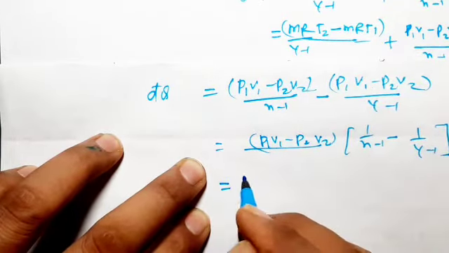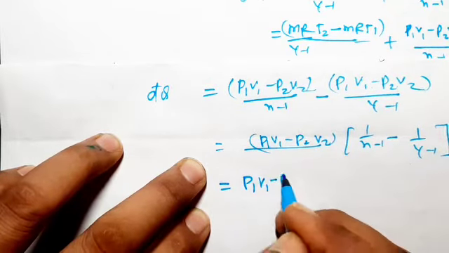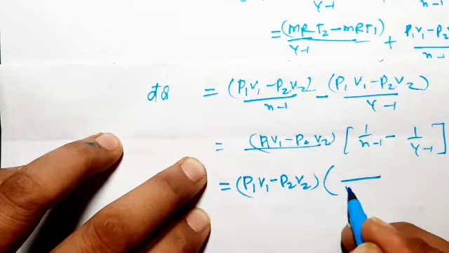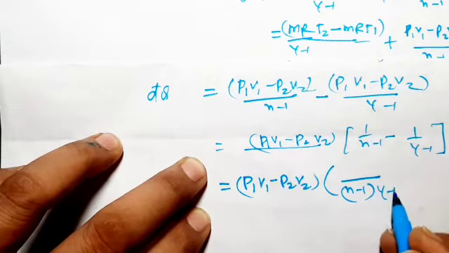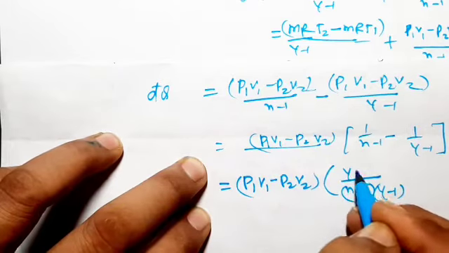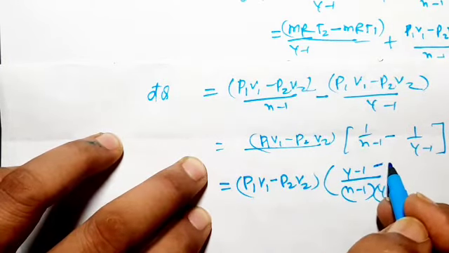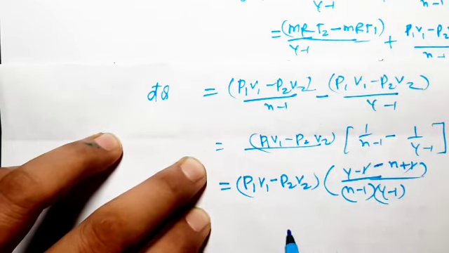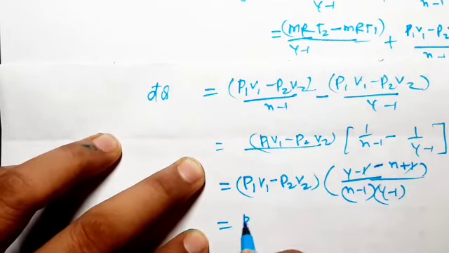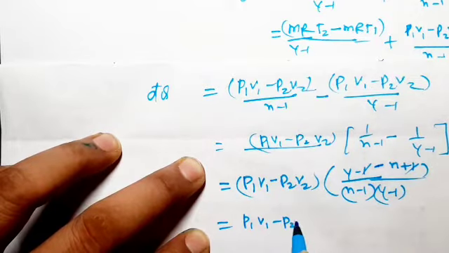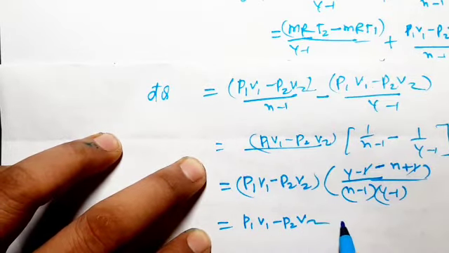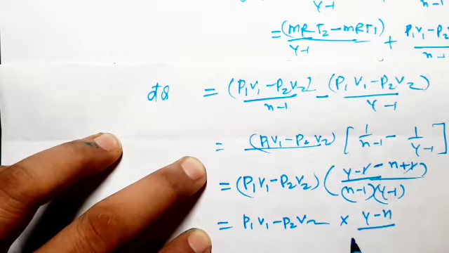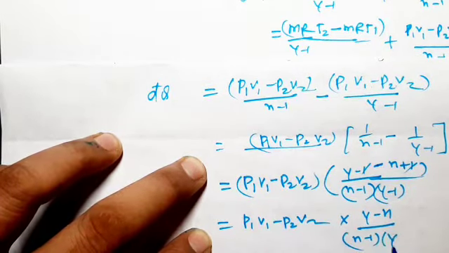So this can be written as (p1 V1 minus p2 V2) into, this will actually be, (n minus 1) (gamma minus 1) in the denominator, and in the numerator gamma minus 1 minus n plus 1. So this 1 and 1 are cancelled. So this will actually be (p1 V1 minus p2 V2) into (gamma minus n) upon (n minus 1)(gamma minus 1).